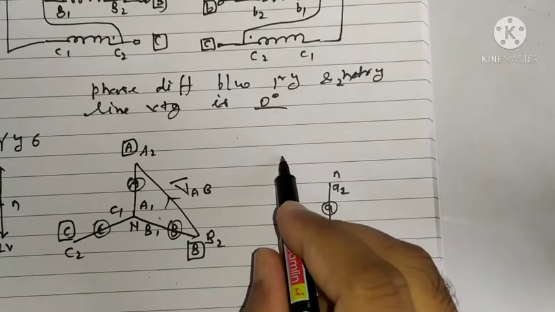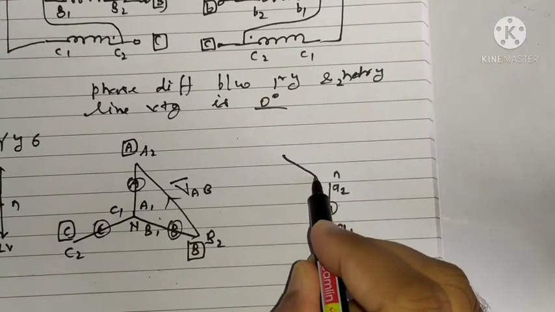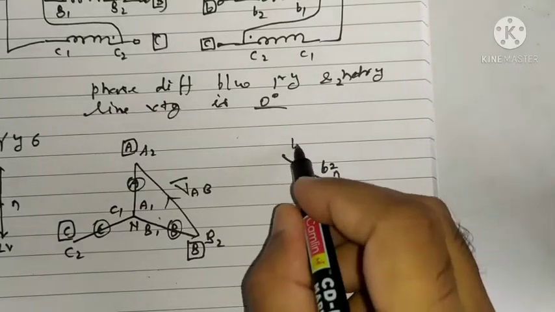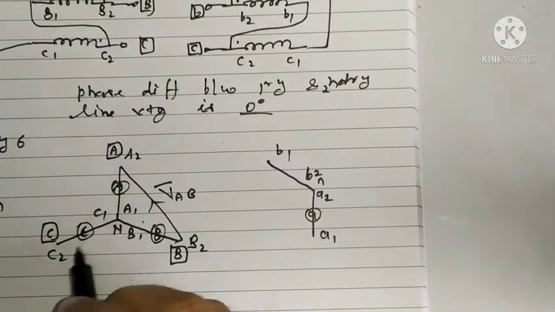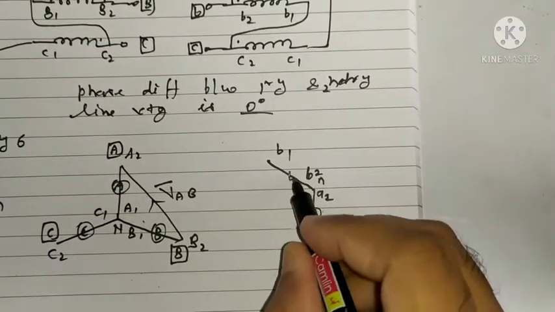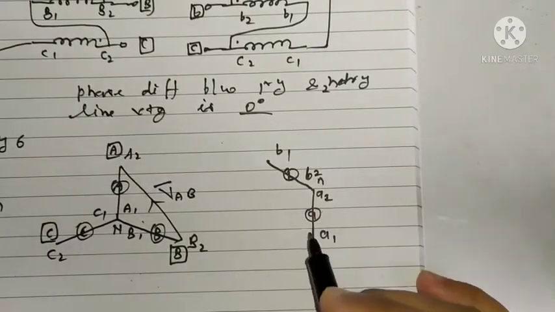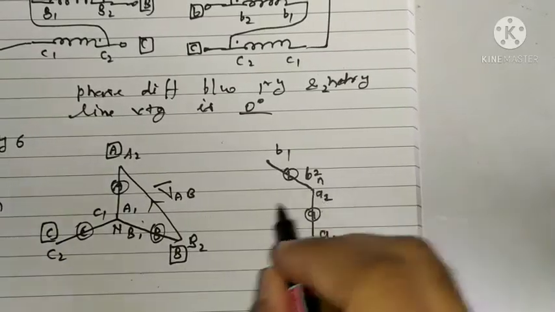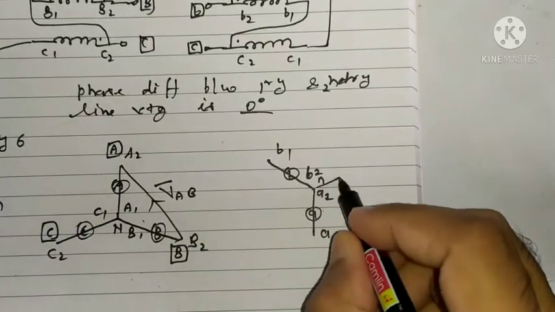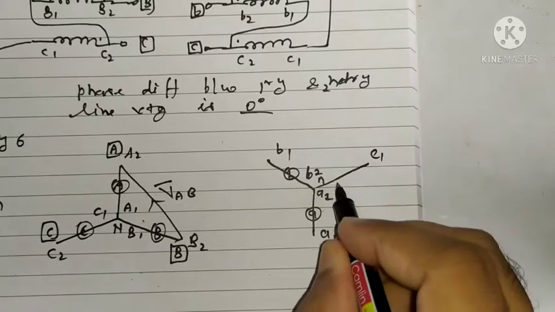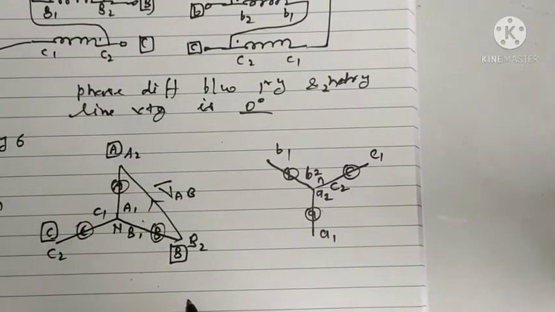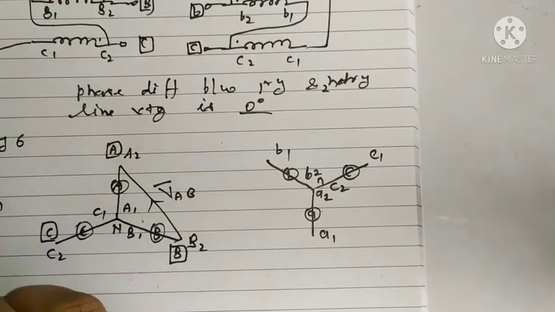So it will be B2 B1 and C2 C1 parallel to this, and this is BR parallel to capital B. C2 C1 will be parallel to this, and it will be shown here C1 and C2, and this will be CR. So this is how we can go for the YY6.